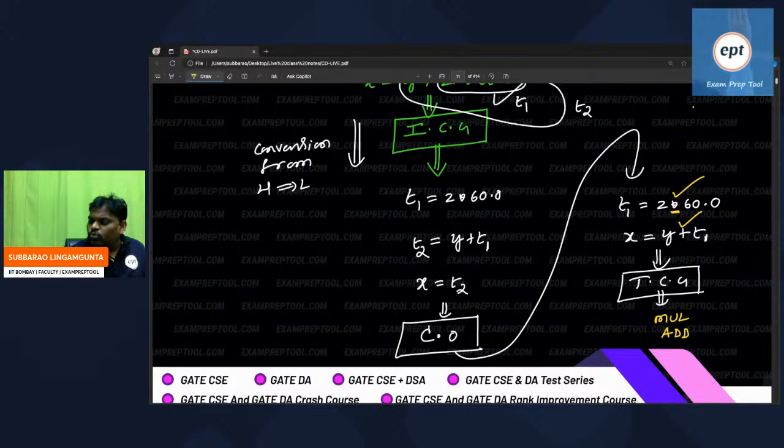Lastly, if you want to store in X, you can use store or move, whatever it may be. It is not important; just write some rough idea. Multiplication R1, R2. Addition, maybe R3, R1. Lastly, R3 will be stored in X.